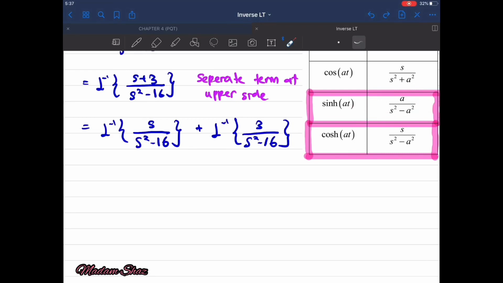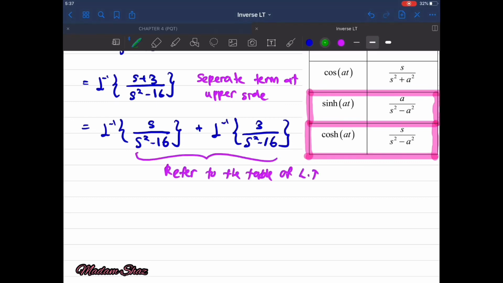So now we have to write the answer for the Laplace inverse of s over s square minus 16. Before you write the answer, you have to determine the value of a. From here, we have a square is equal to 16, so our a is equal to 4. The same thing here, we have a square is equal to 16, so our a is equal to 4.